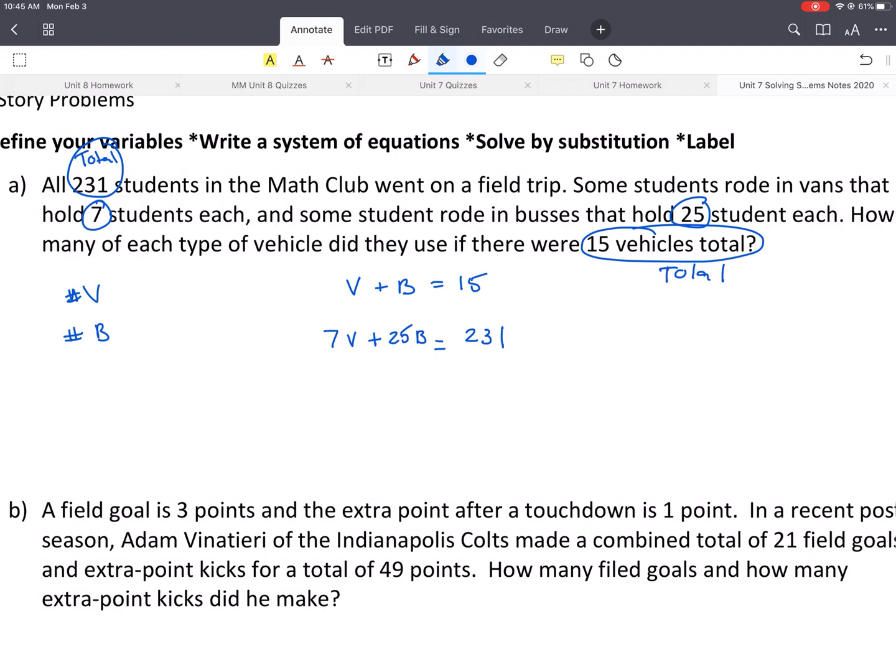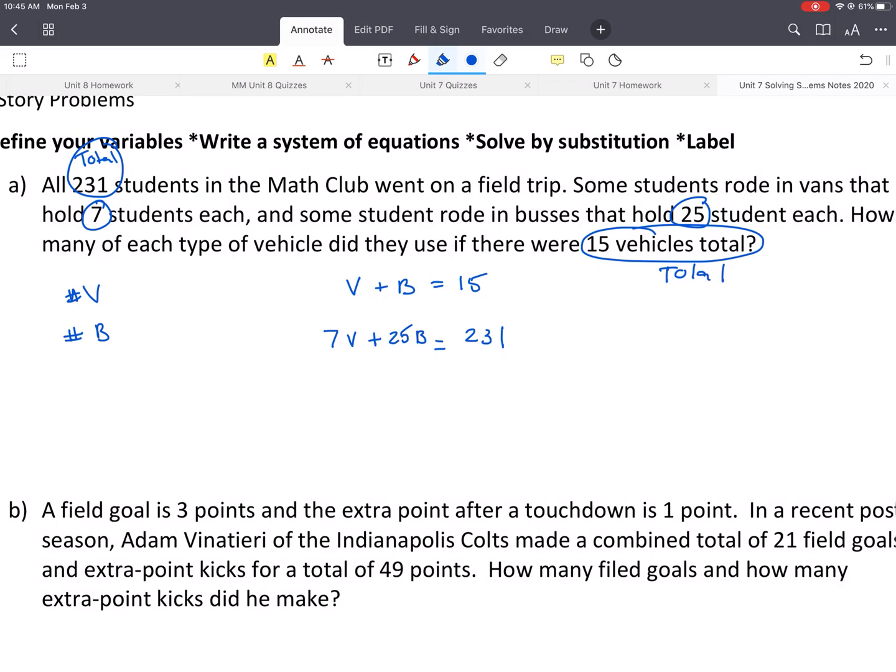So if this is the number of vehicles for the vans, number of vehicles for the buses, total vehicles, here we have students. 7 times the number of vehicles still gives students, and this gives us students. Anyways, okay, sorry, that was probably a little too confusing. Say, Mr. Warner, stop trying to explain things.